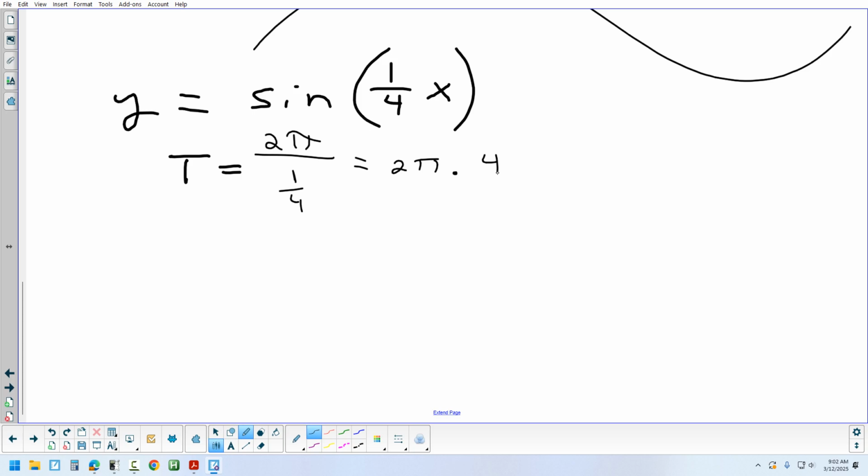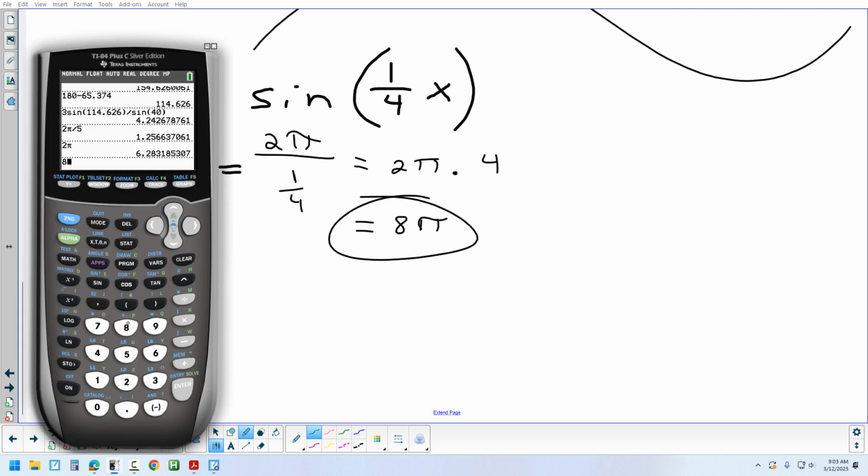So it's 2 pi divided by 1/4, but we're going to multiply by the reciprocal, and that's going to give me a length of how much? 8 pi. Okay, so what does that mean? Well, that means if you were graphing it, you would have to go all the way to 25.1 before you would see a full wave. It's a much, much, much longer cycle.